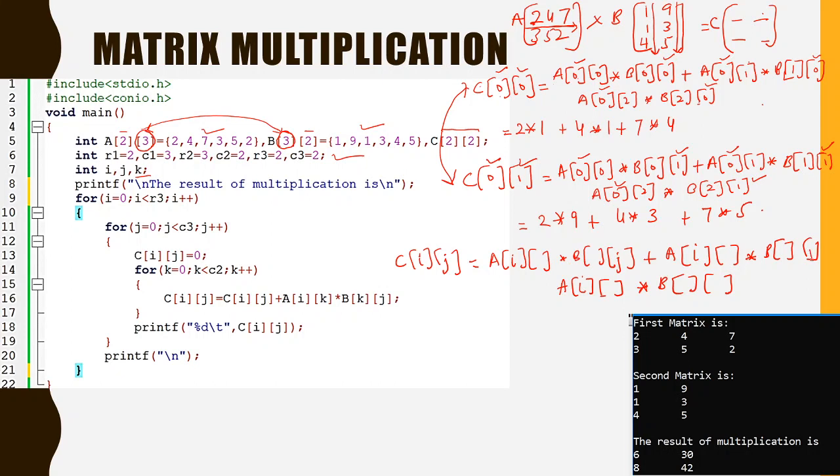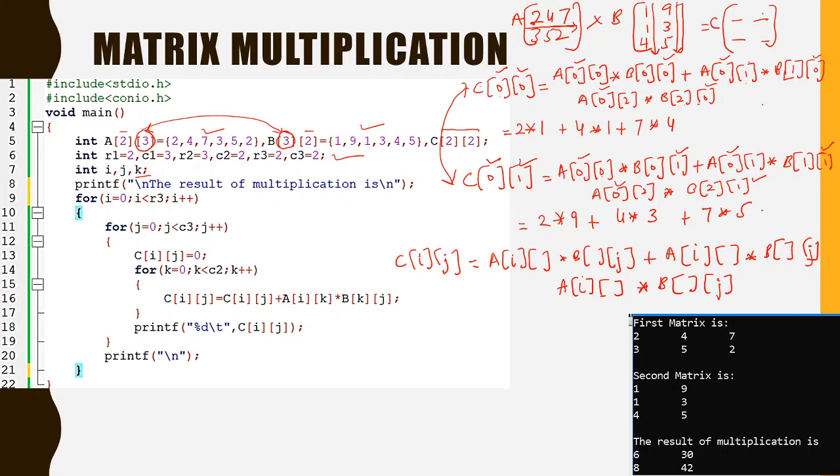So in B's column I will always write j, and the remaining, that is A's column index and B's row index, you can see is in an incrementing fashion. Here it was 0, 0, then 1, 1, and then 2, 2, so it is in incrementing fashion also, right?